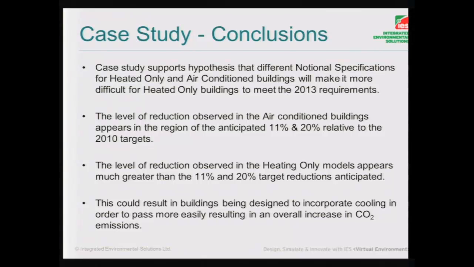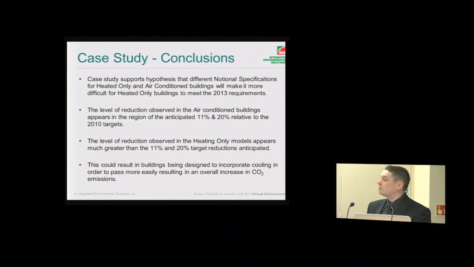As mentioned, if it's an air-conditioned building, the reduction in target emissions from case studies so far seems supportive, and the anticipated reduction levels seem fairly consistent with what we're predicting. However, in heating only, it does appear that the target emission rates will drop by a much more significant margin than the 11% and 20% values suggest.